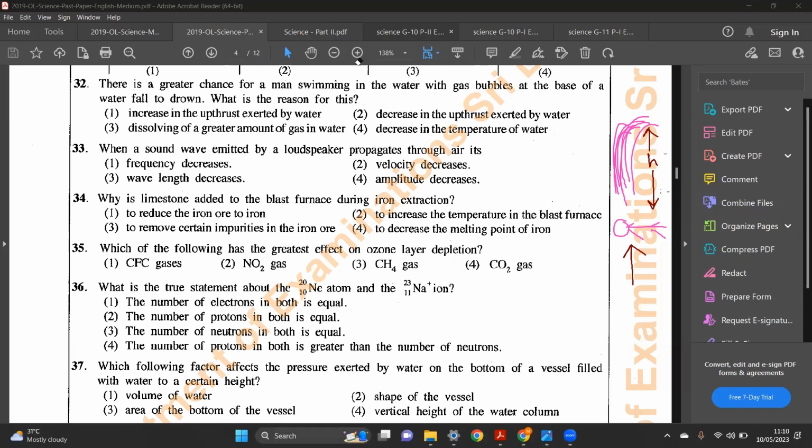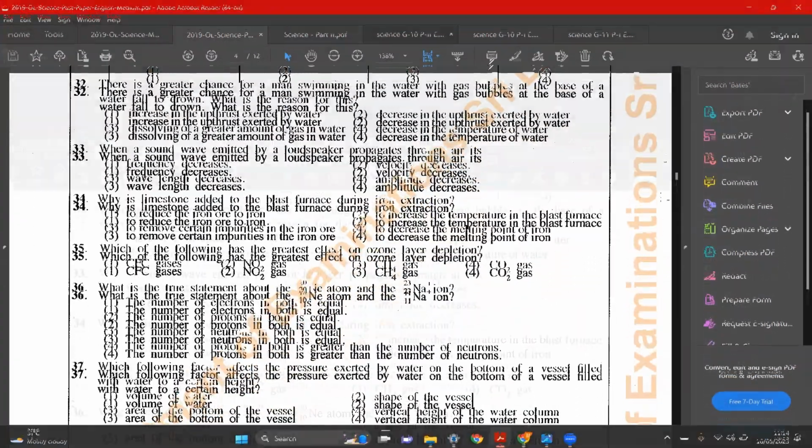So when the h is high, the pressure is also very high because pressure equals h rho g. So imagine when you have water falling on you with that much force, that much pressure, definitely it will overcome this upthrust and push you down. That is why a person swimming right under the waterfall has a very high chance of drowning. Okay, then 33rd question.